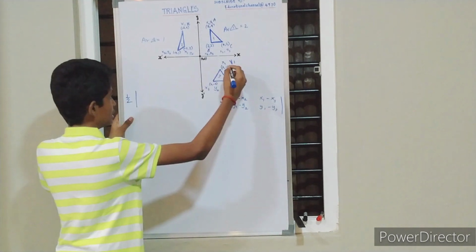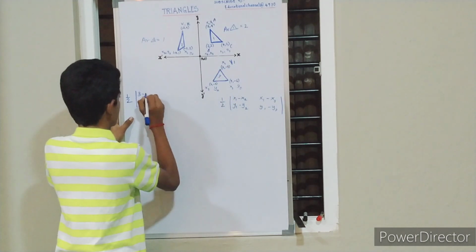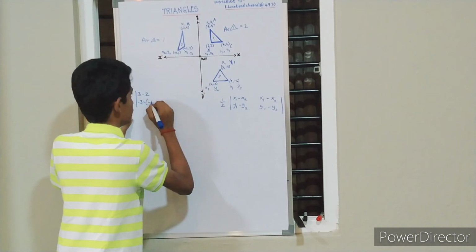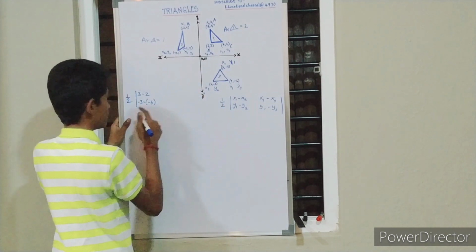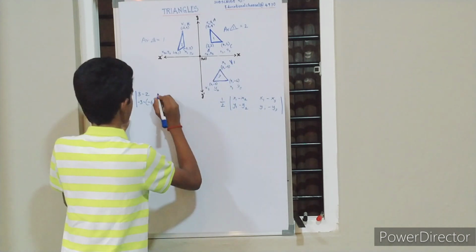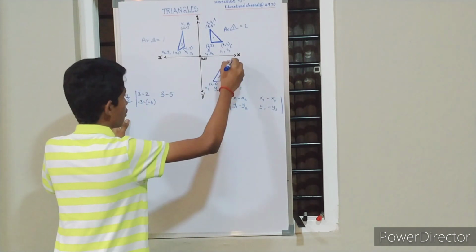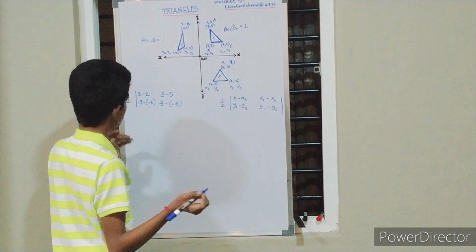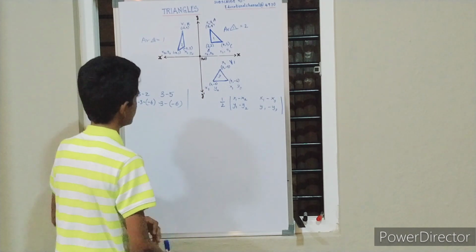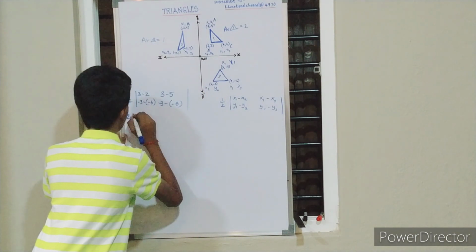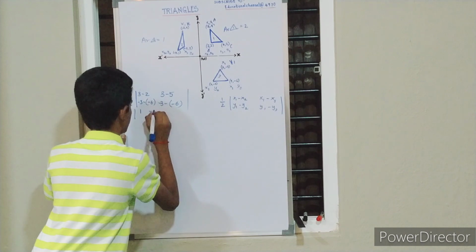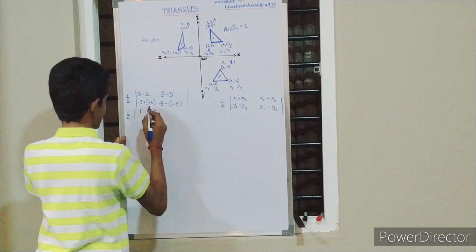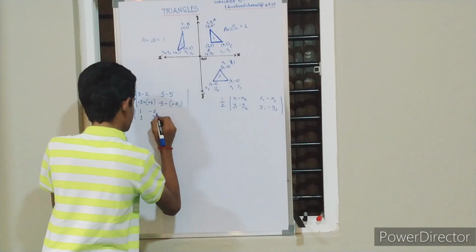Half of x1 minus x2, y1 minus y2, minus 6, right? x1 minus x3, 3 minus 5, y1 minus 6. Same. Now what we have to do? Half of, simplify it. Okay. 3 minus 5, minus 2. Plus, right? Plus 6 minus 3, 3. 6 minus 3, 3.